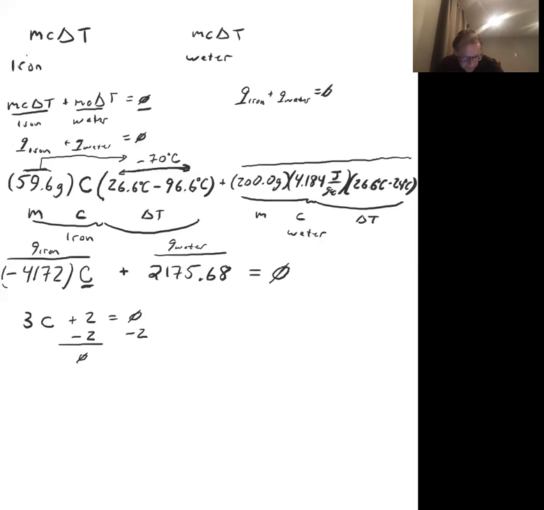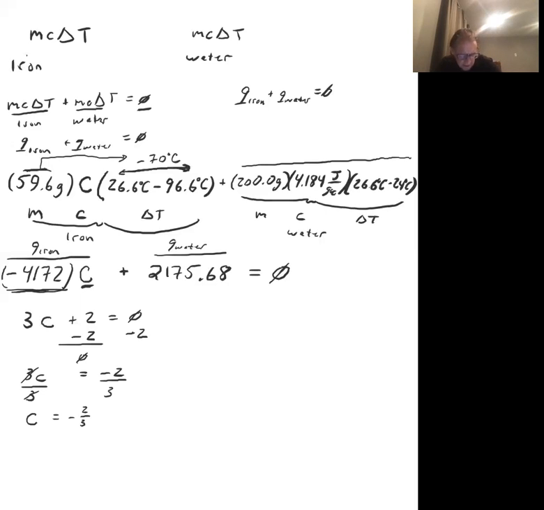So you would have 3C equals 0 minus 2, which is just minus 2. And then you could divide both sides by 3. And so 3 divided by 3 is 1, so you'd have C, and then you'd have minus 2/3. Okay, so for that algebra, there's 2 steps. One would be to subtract one of the terms and then to divide by what's called the coefficient. This is called a coefficient here.